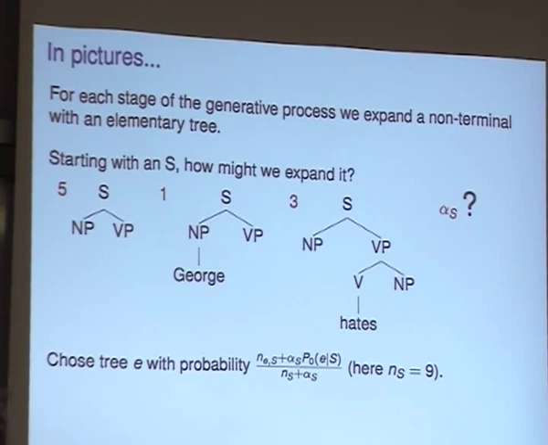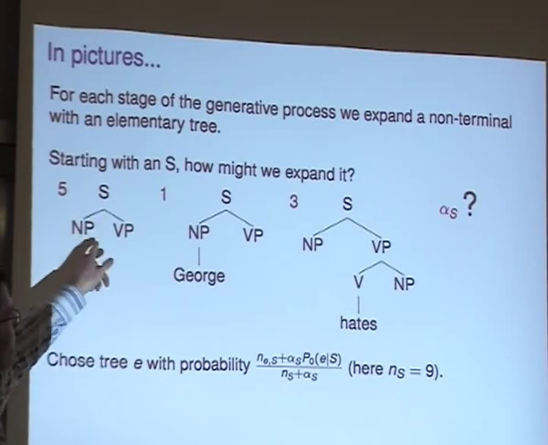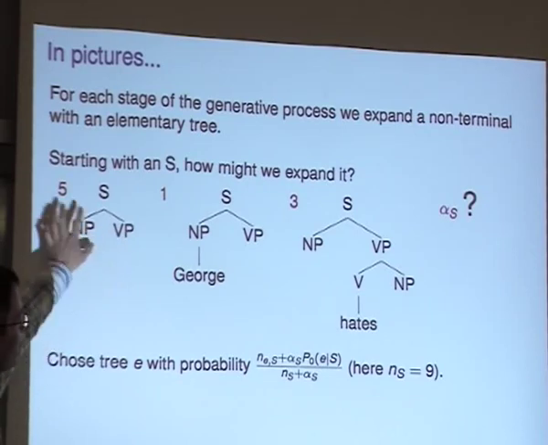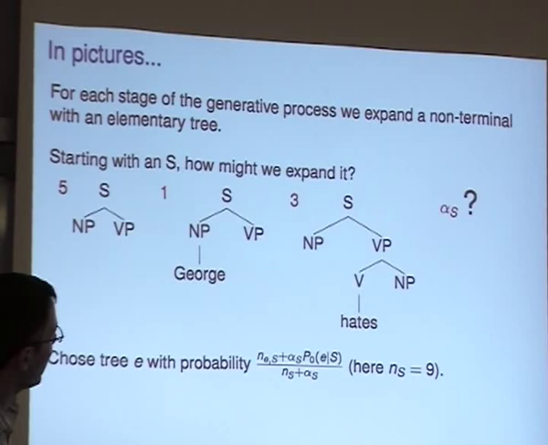So at every stage, we have to describe the distribution over what we're going to do next, the ways we're going to rewrite. So imagine we have an S node here. We might have seen it a few times before. We might have seen it as a small fragment, a CFG fragment, rewriting as NP VP. We've seen that 5 times, say.